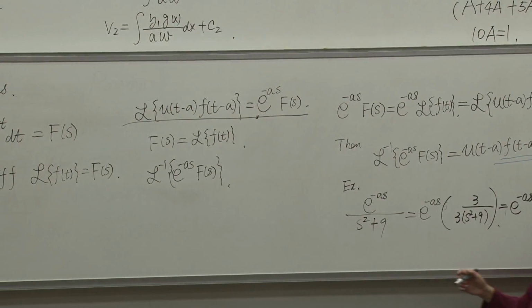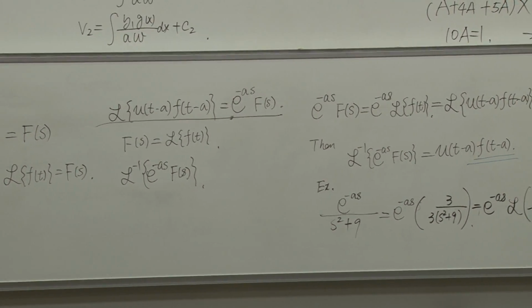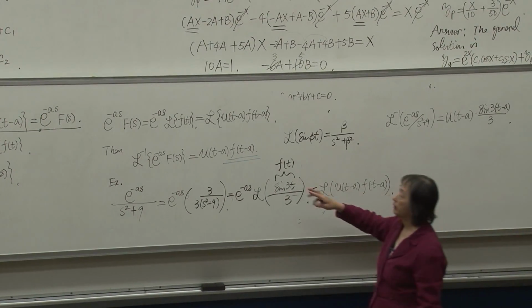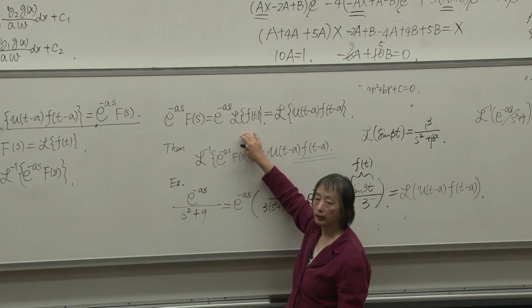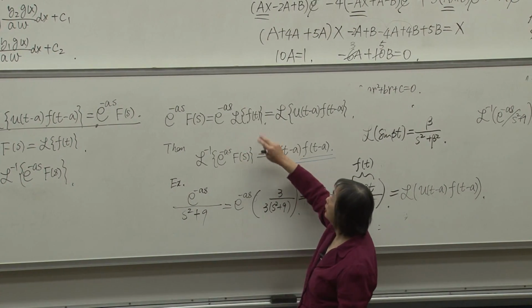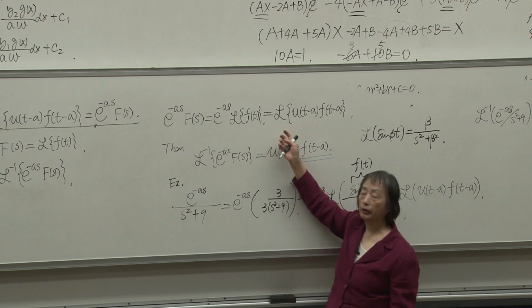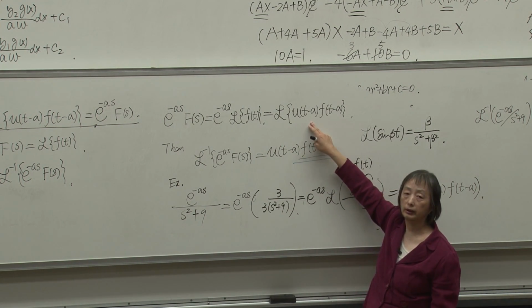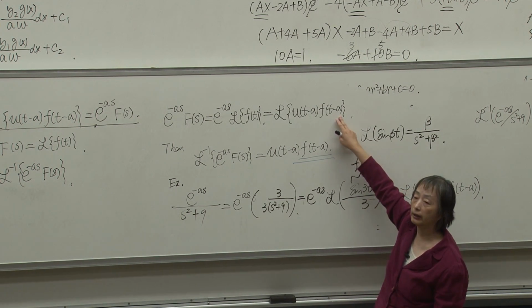So when we find an inverse Laplace transform involving the exponential function e^(-as), we keep it in front, and rewrite the rest of the factor as a Laplace transform. So we recognize f(t). Then the entire right-hand side is the Laplace transform of the unit step function u(t-a) times f(t-a).